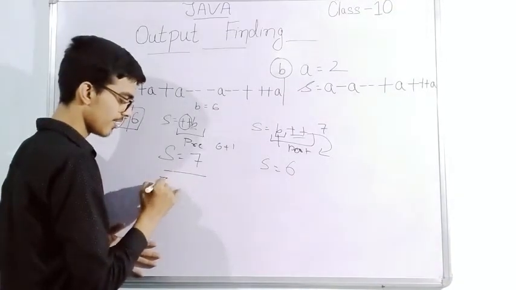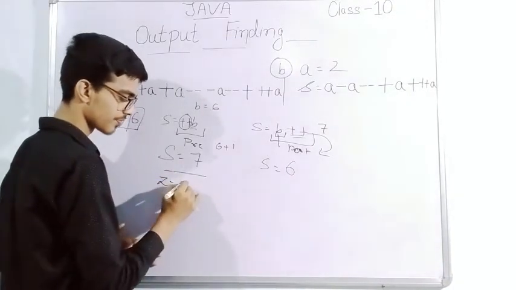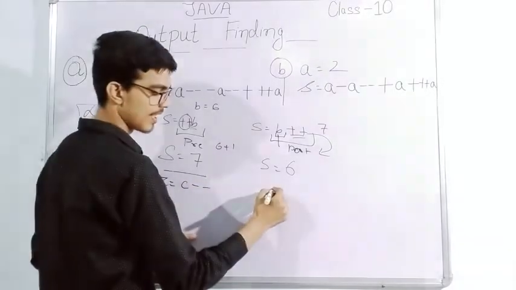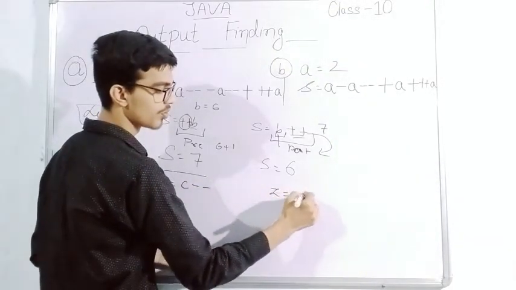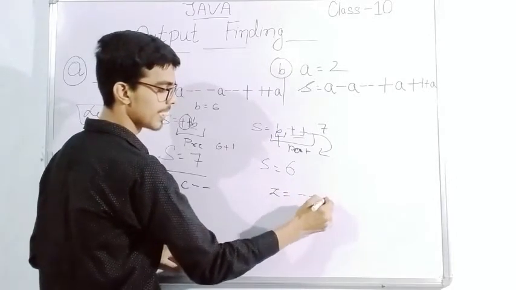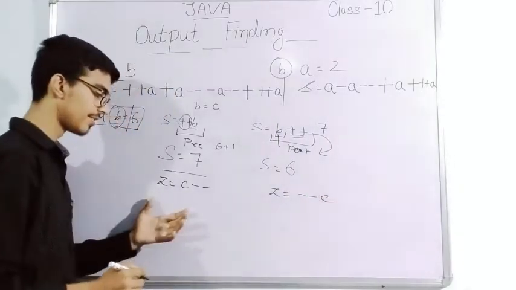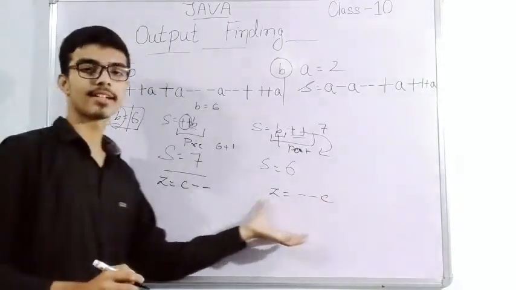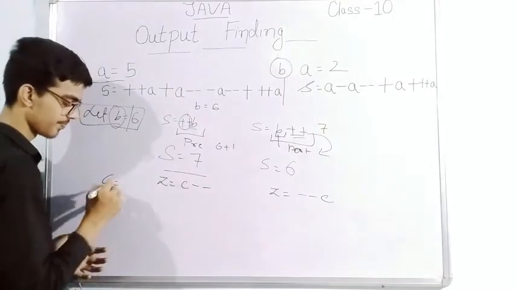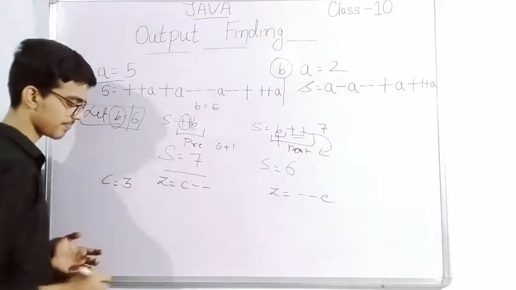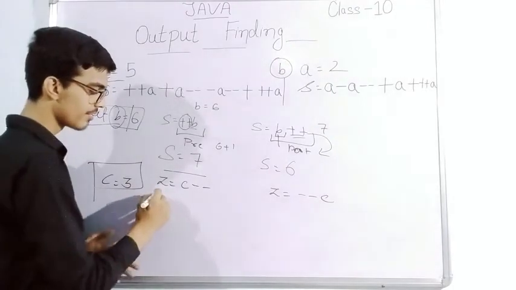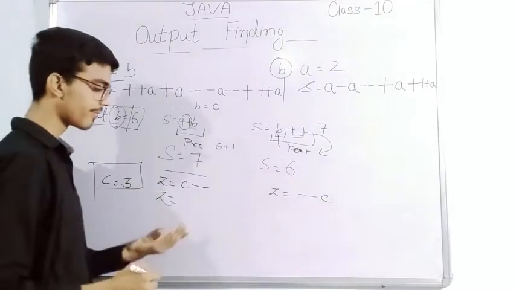After this, we'll take z is equal to c minus minus, and z is equal to minus minus c. Value of c, let it be 3. Now you will also be able to solve this.